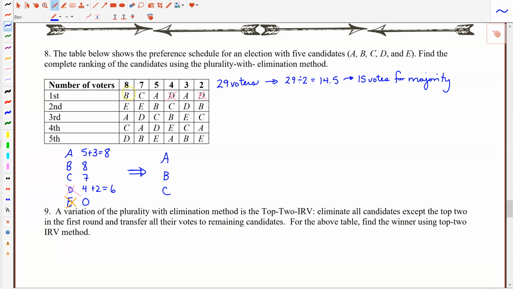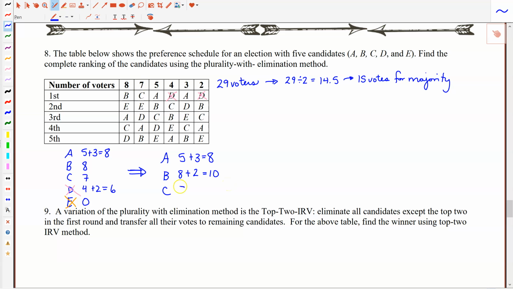Alright, so we repeat the process. A has 5 first place votes there, and 3 from this column, so they still have 8. B has 8 first place votes in the first column, and at this point in time, because of this candidate D being crossed off, they get these 2, so they'll be at 10.